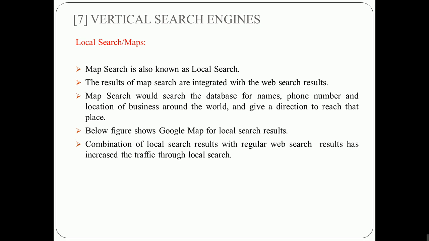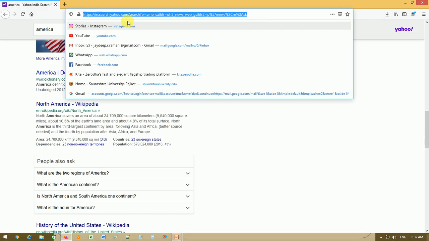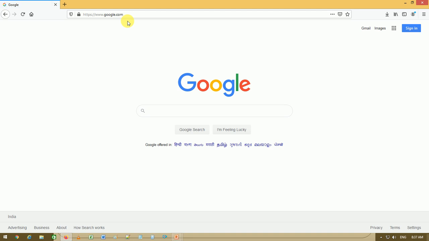So the combination of both, local search and web search results, increases the traffic, because the local user is also searching and the entire globe's users are also searching, so both combine and the traffic is obviously increasing.